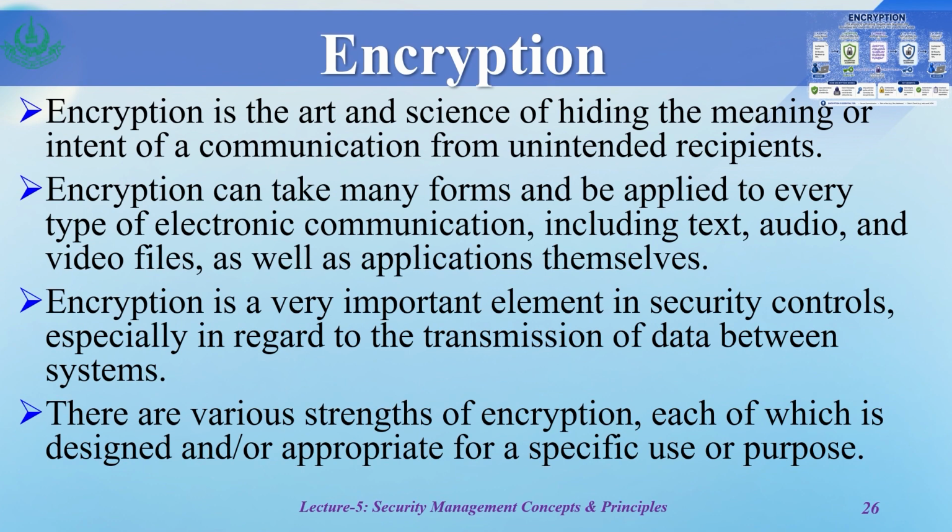Encryption can take many forms and be applied to every type of electronic communication, including text, audio, and video files, as well as applications themselves. Encryption is a very important element in security controls, especially in regard to transmission of data between two systems. There are various strengths of encryption, each designed and appropriate for a specific use or purpose.